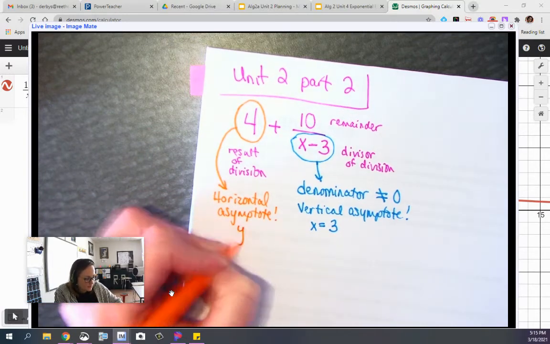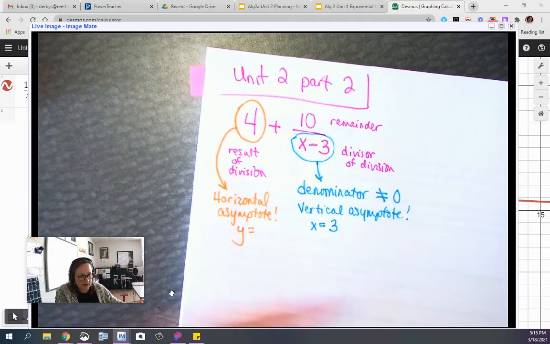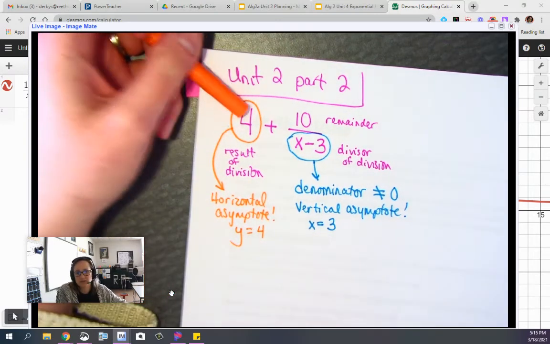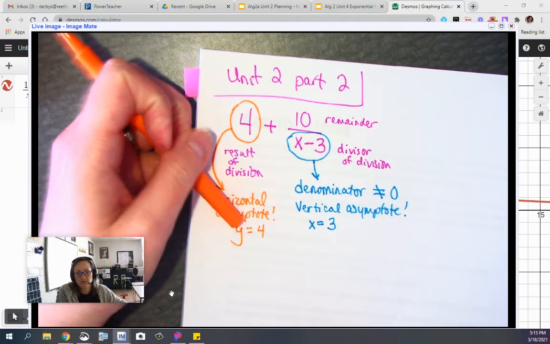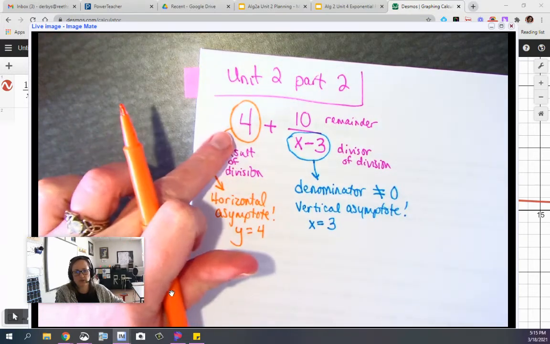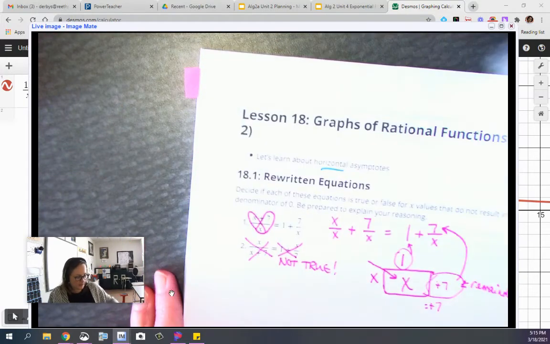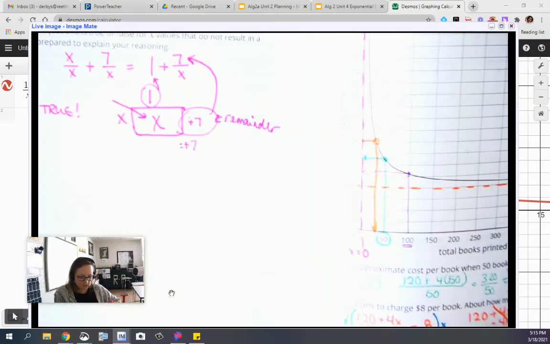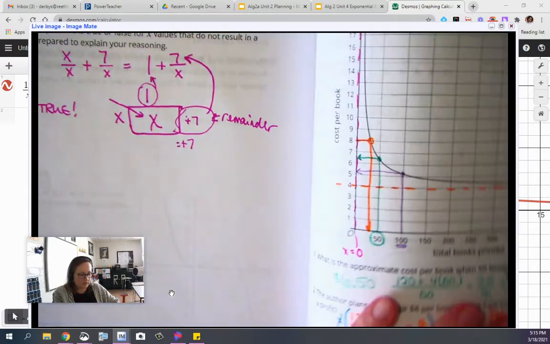And it is horizontal, so it's going to go through the y-axis, and it's going to be the exact number that we see there. So if it's a negative number, we'll have a negative horizontal asymptote. This is a positive 4, so we have a positive 4 asymptote. So it's kind of neat to see where those things are coming from in the equation and how we can start to see them in the graph.